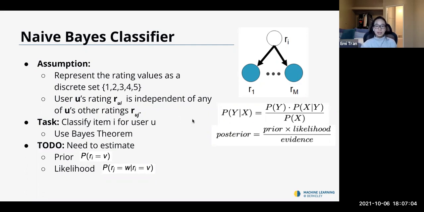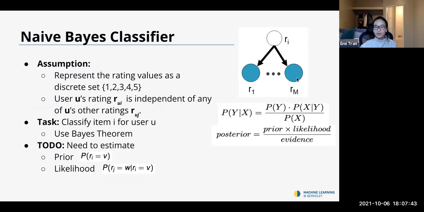The second assumption you're going to make before doing the naive-Bayes classifier is that all of the ratings of a user are independent of each other. For example, the ratings of a user from R1 to RM, all the ratings for movie 1 to movie M, are independent, just think of it as independent for now.